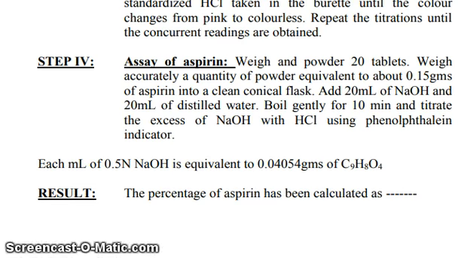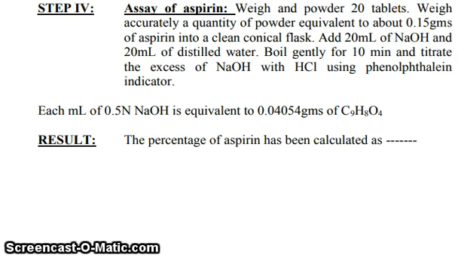In the next step, assay of aspirin. Weigh and powder 20 tablets. Weigh accurately a quantity of powder equivalent to about 0.15 grams of aspirin into a clean conical flask. Add 20 milliliters of sodium hydroxide and 20 milliliters of distilled water.